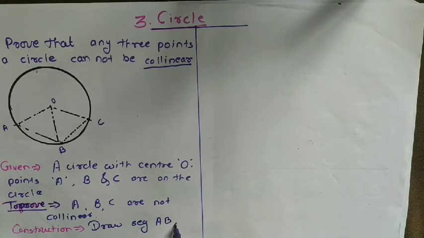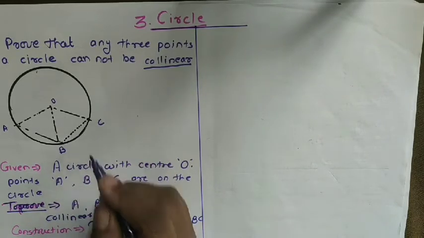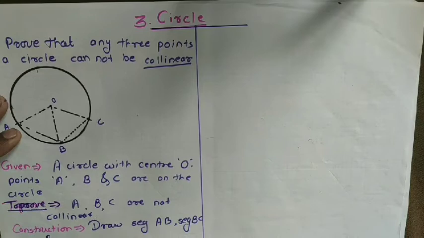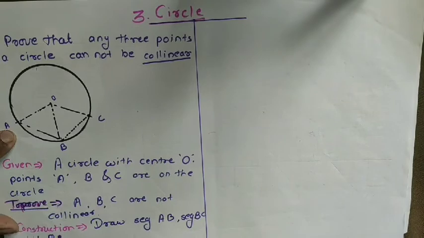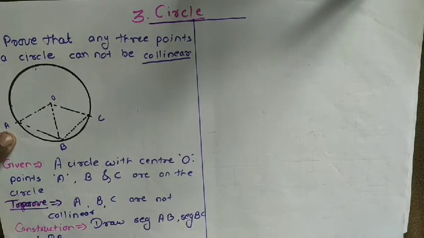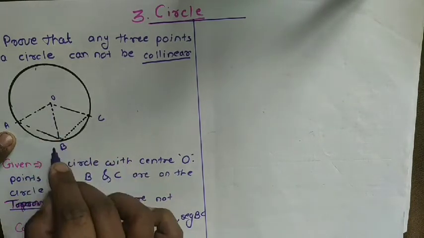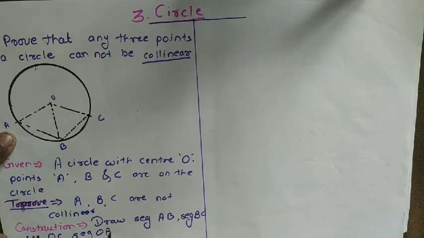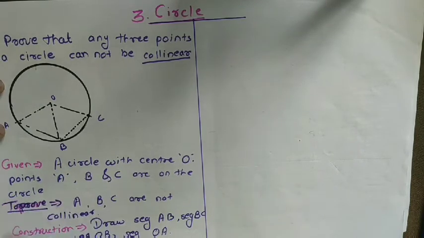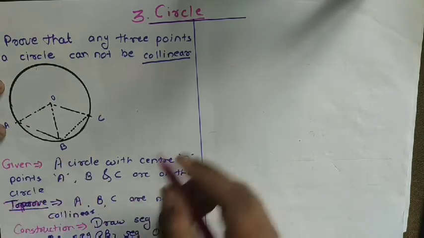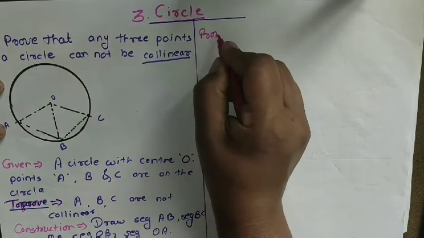Next seg BC, this is seg BC. Seg OC, then seg OB and seg OA. So that is my construction. Now from this construction I can prove these 3 points are non-collinear.